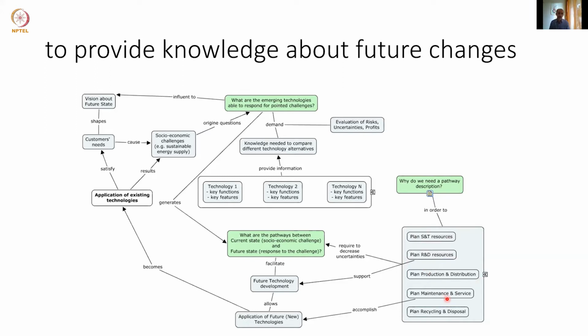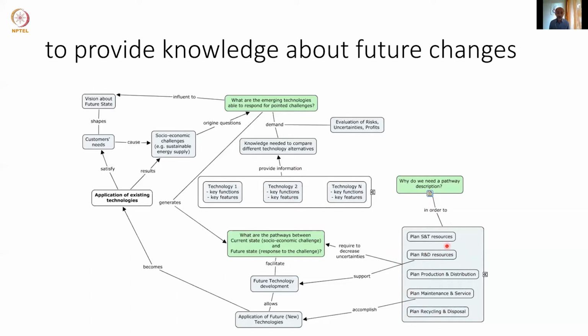We need to plan maintenance and service: which kind of services we will need, what kind of specialists, what kind of professional and higher education programs we will need in order to support this new solution in the coming future. And we need also to plan recycling and disposal, in order not to end up in the situation we are in today with many technologies produced in the 20th century.